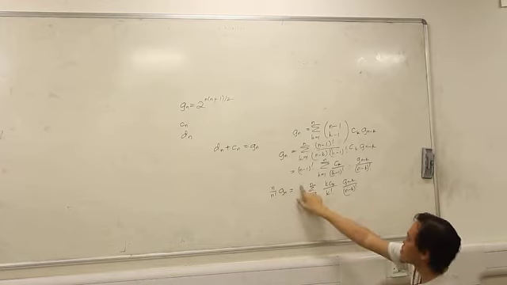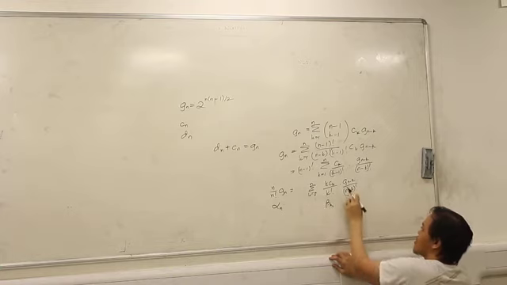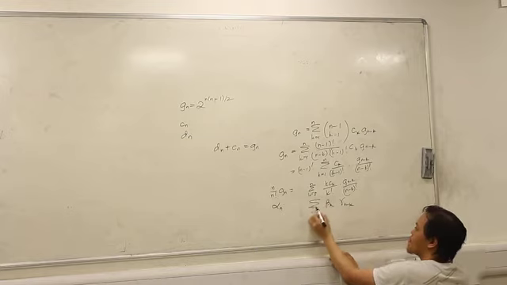So what do we do? Let's call this alpha of n. Let's call this beta of k. And let's call this gamma of n minus k. So we have this equality.